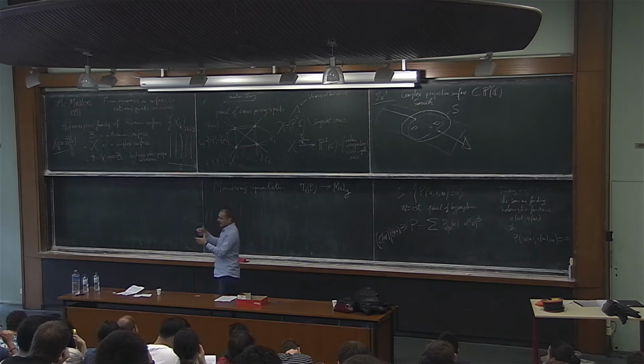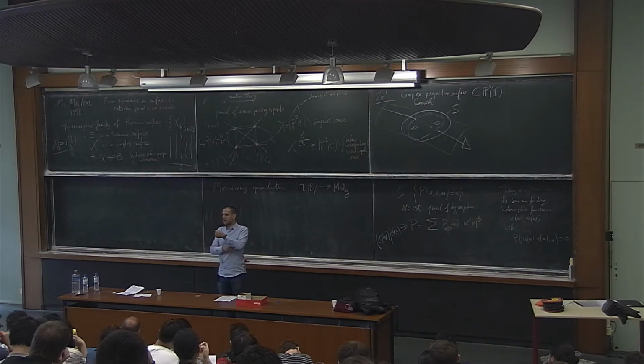And the Picard-Lefschetz formula tells you that when you turn around the singular curve, the monodromy is going to be a right-handed Dehn twist along this vanishing cycle.